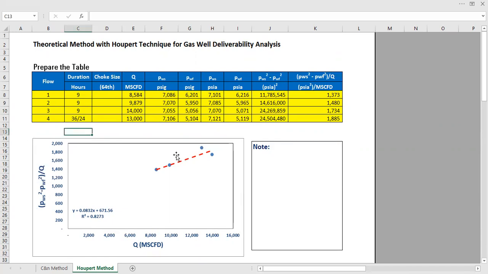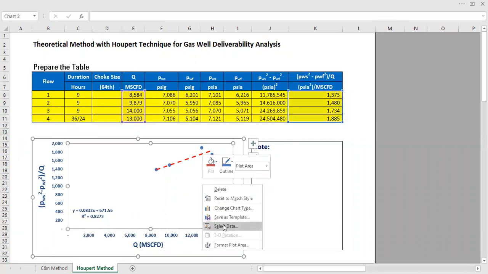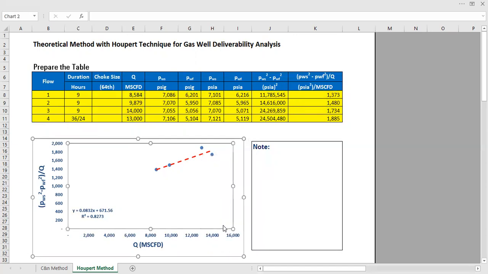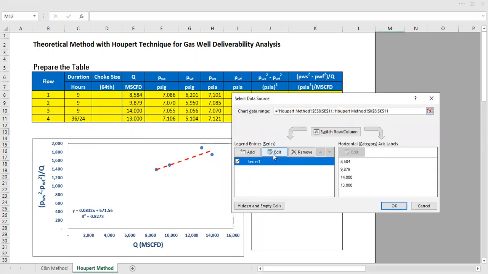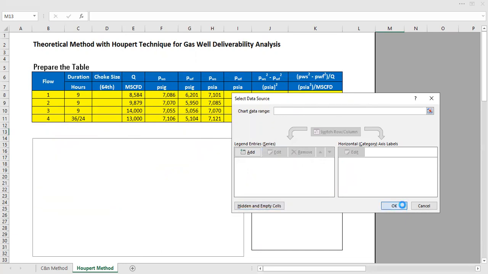Okay, so yeah, I plot these 4 points and I calculate the trend line. So if I right click and select data, okay, this one, I can remove first like this. All right.